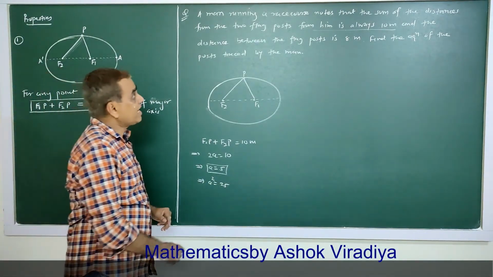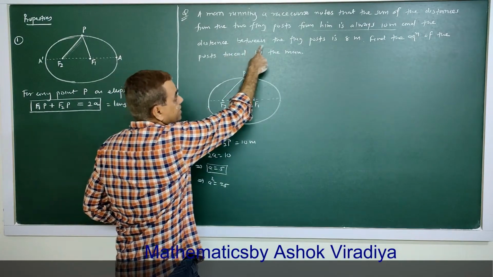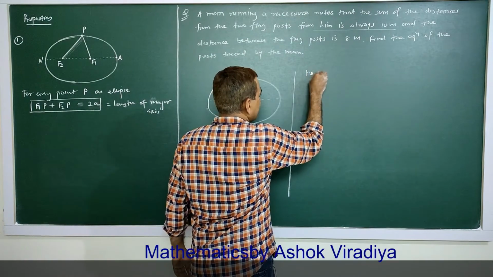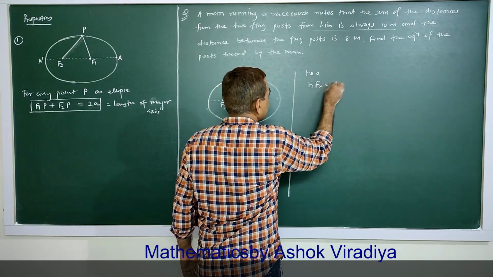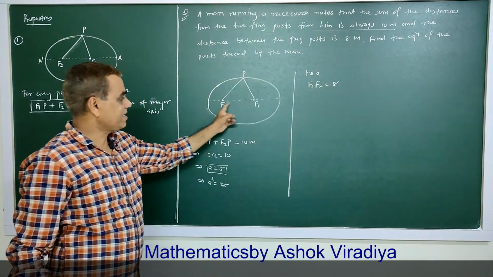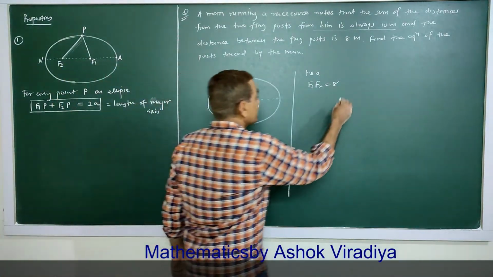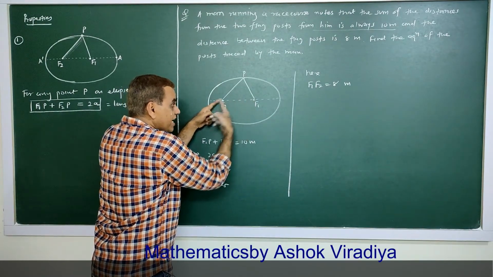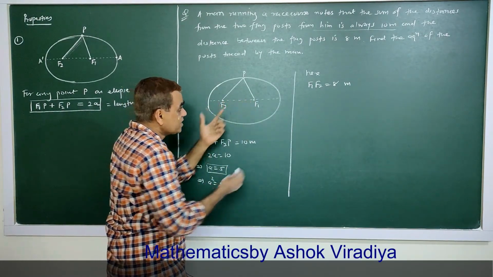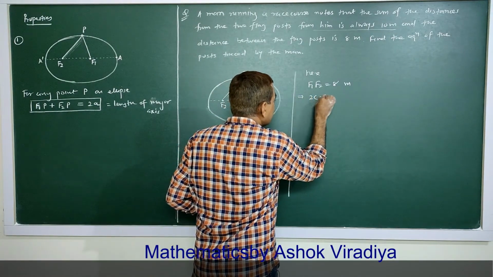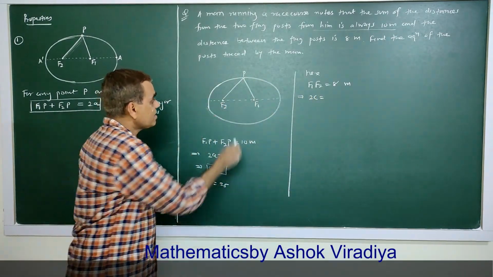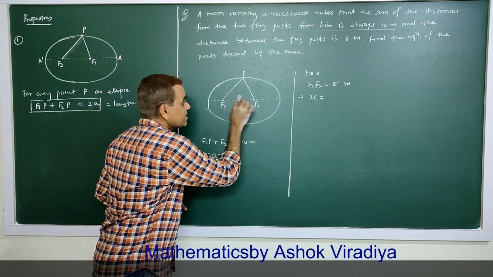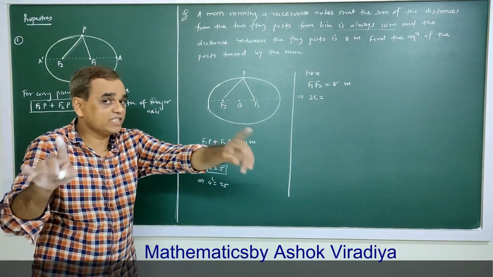We are also given that the distance between the flag posts is 8 meters. This is the distance between the foci, which is 2 times c.